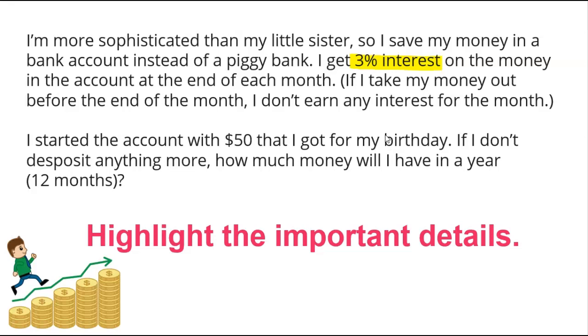So let's see, I get 3% interest, and I get it each month. Those seem relevant. I started with $50. That seems relevant. And we're looking for how much we'll have in 12 months. So that seems like all the relevant information there.